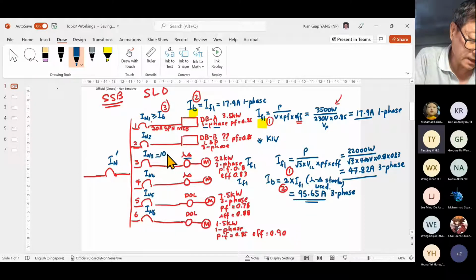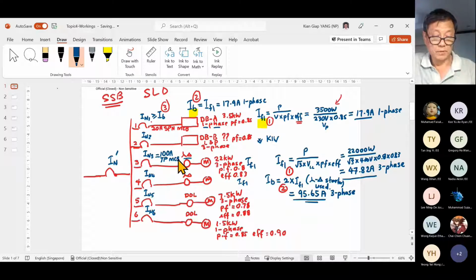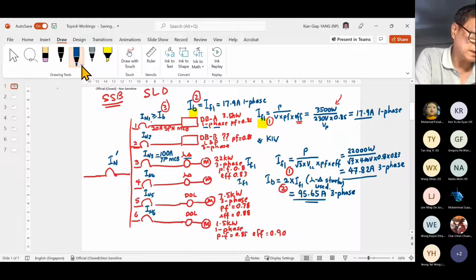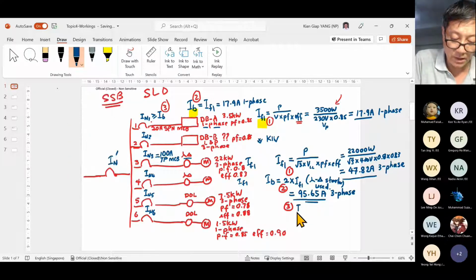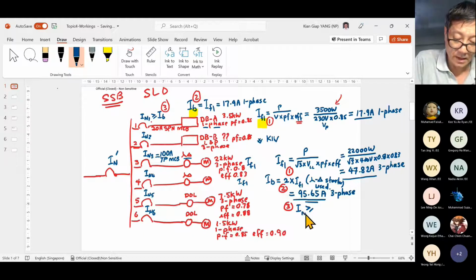Right? Because I have 95 ampere. Now this is 3-phase, so I can say TP MCB. Get the idea or not? That means my step 3 is I just use IB must be greater than or equal to, IN must be greater than or equal to IB.